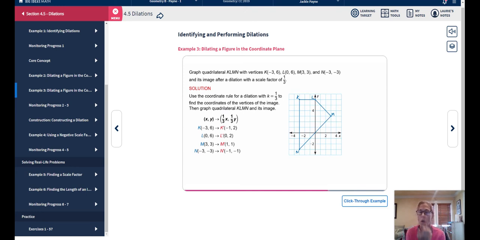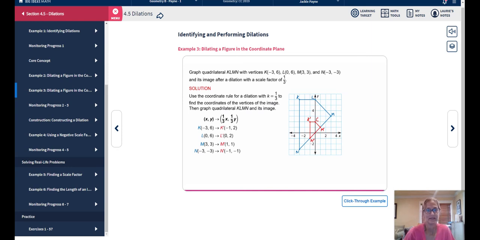Next, graph quadrilateral K prime L prime M prime N prime with vertices K prime (-1, 2), L prime (0, 2), M prime (1, 1), and N prime (-1, -1). Use line segments to connect the vertices to form quadrilateral K prime L prime M prime N prime. So quadrilateral K prime L prime M prime N prime is the image of quadrilateral KLMN after a dilation with a scale factor of 1/3.